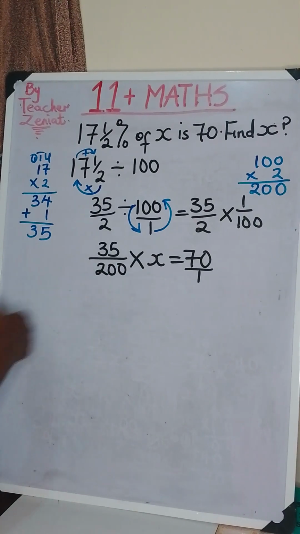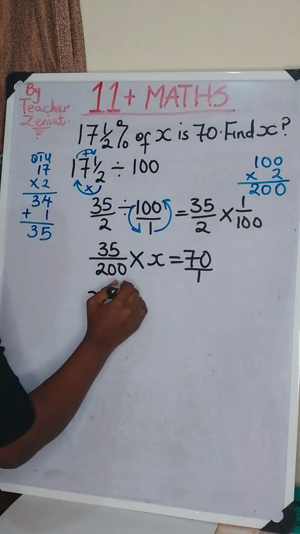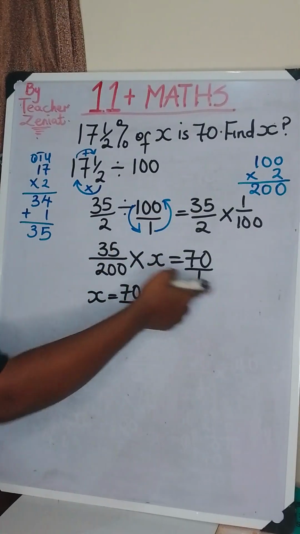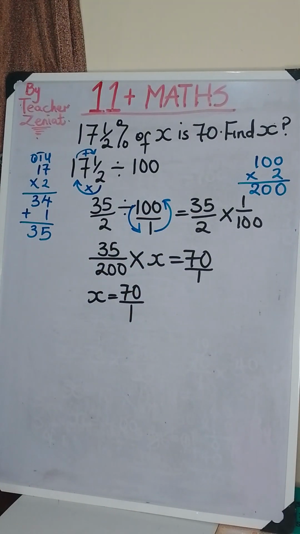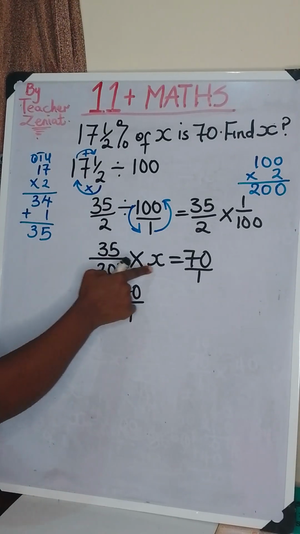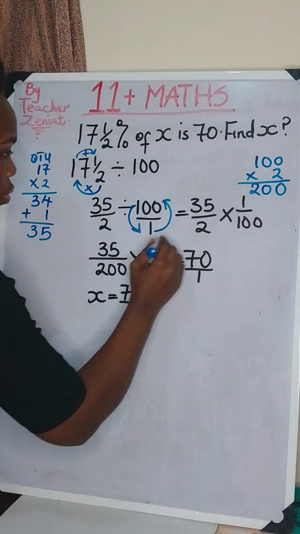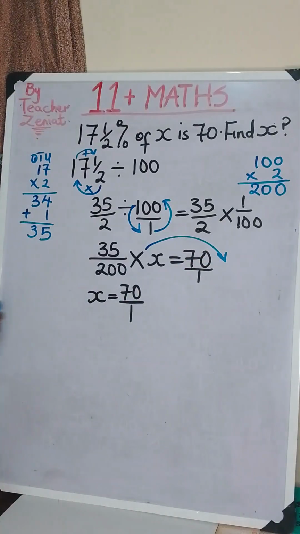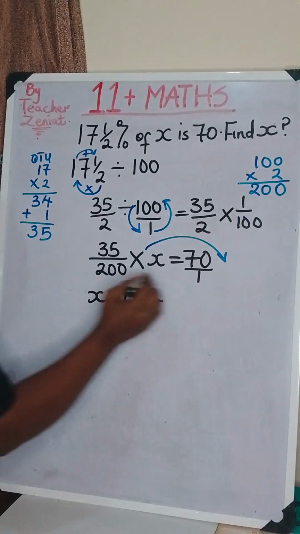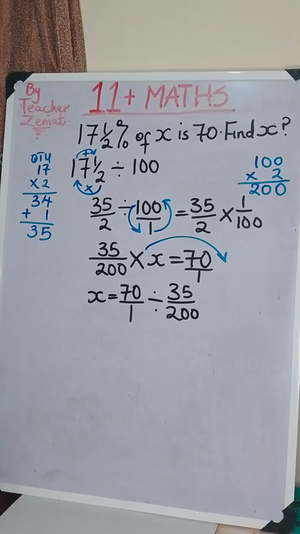And when we bring out the x, we'll have x is equal to, after the equality sign, 70 over 1. Then the 35 over 200 is crossing over. We should remember that before the 35 over 200 will cross over, the multiplication sign must first cross over to this side. And when it's crossing over, it will change to a division sign. Then we have 35 over 200.